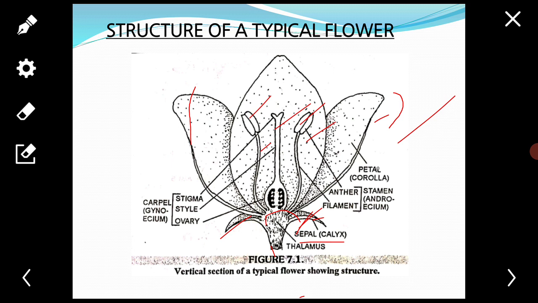Usually anthers are bilobed and contain 4 microsporangia or pollen sacs, but sometimes they have only one lobe and 2 microsporangia. The portion of stamen which connects the anther and the filament is known as the connective.